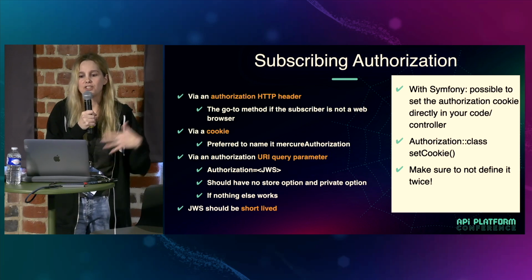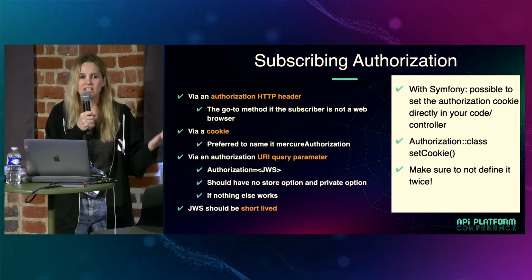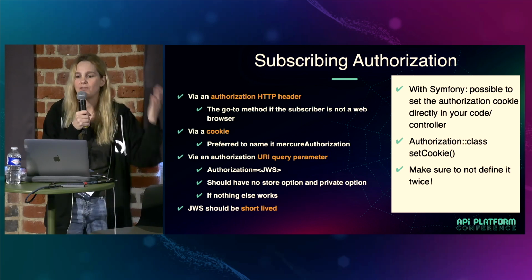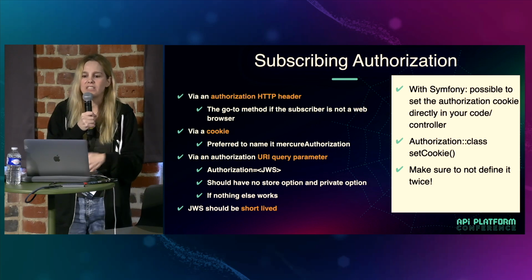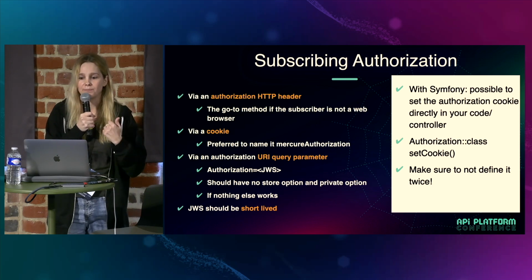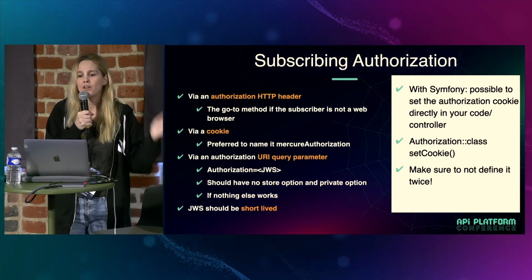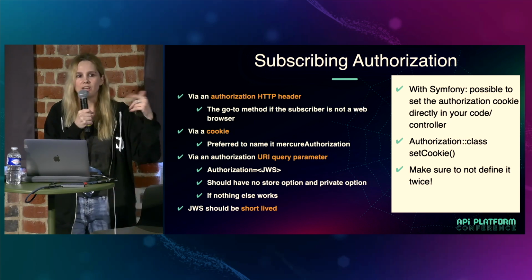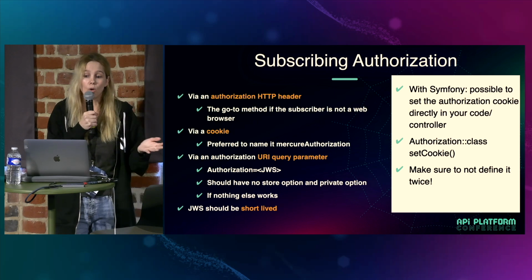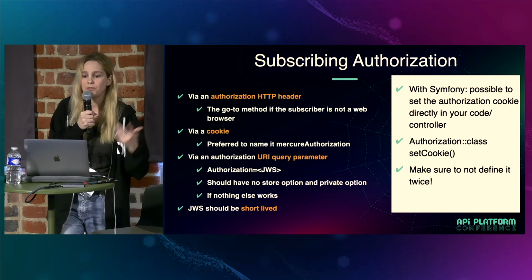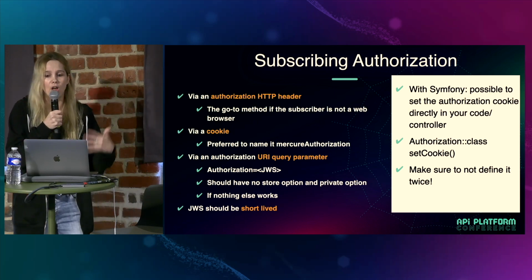Generally, there are 3 ways to authorize. Using an authorization HTTP header, this is the go-to method if the subscriber is not a web browser. The header must contain the string Bearer, followed by a space, and then your JWT. Also using a cookie. It's preferred to name the cookie mercureAuthorization.